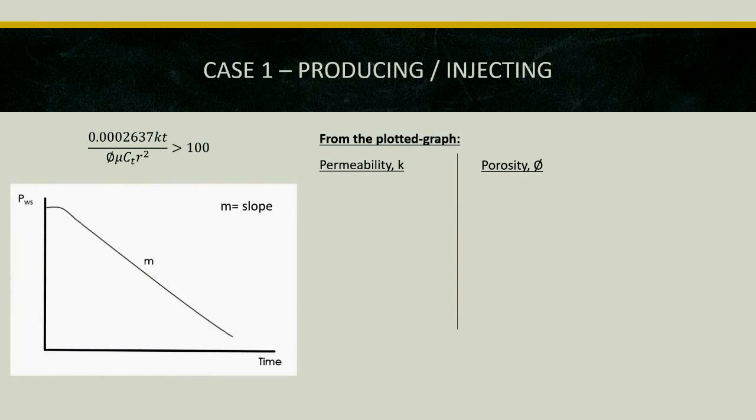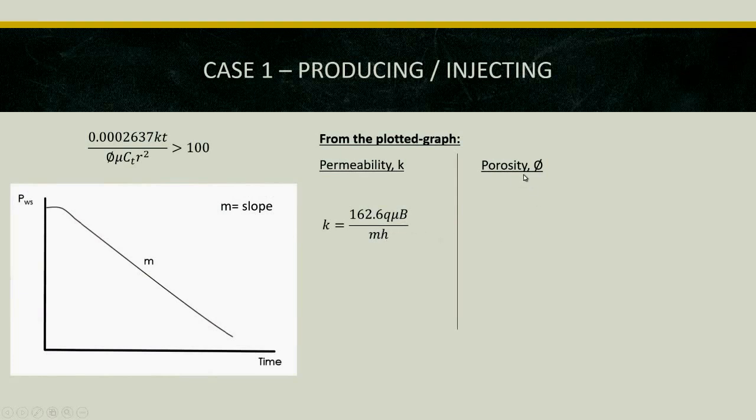To calculate permeability, we use the formula K equal to 162.6 times the flow rate Q times viscosity mu times formation volume factor B over M, the slope of the plotted graph, times H, the height.